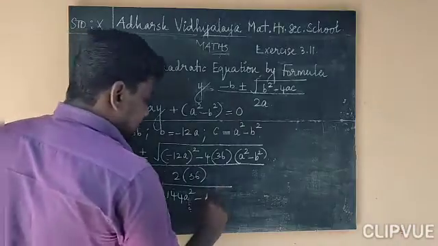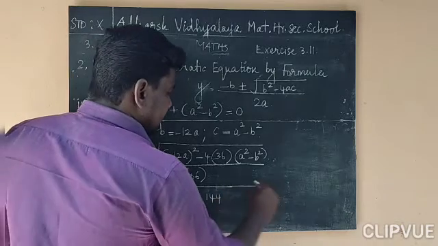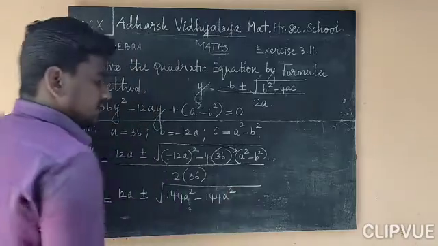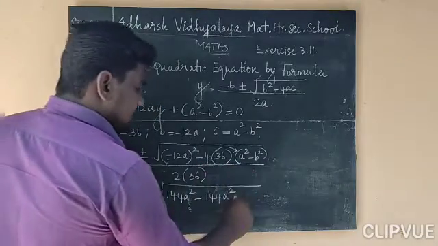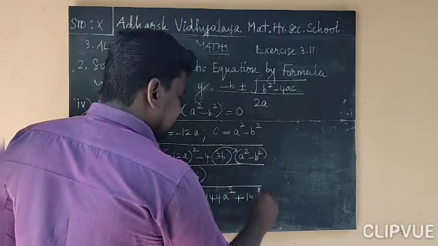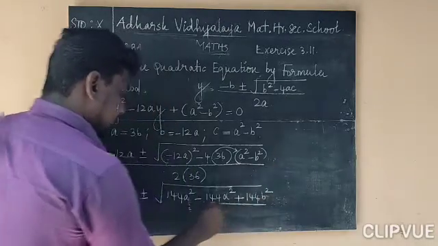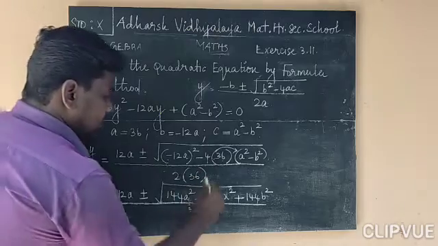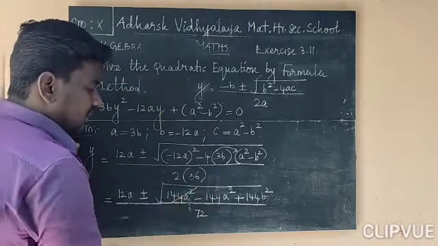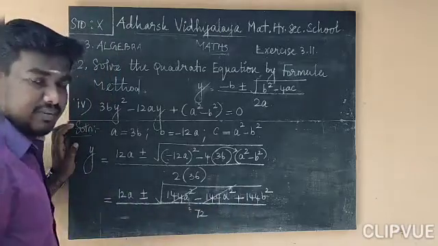So minus 144, when you multiply with this a square, we will get 144 a square minus, and minus into minus plus 144 b square, divided by 2 into 36, 72. This plus 144 a square minus 144 a square will be cancelled.